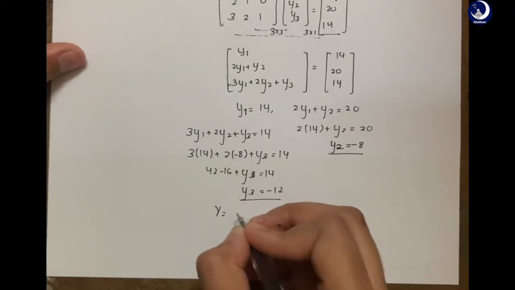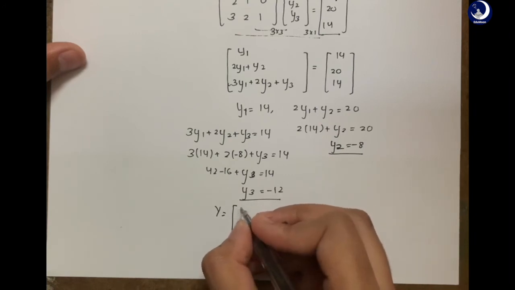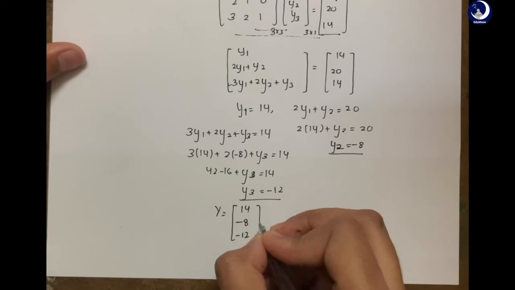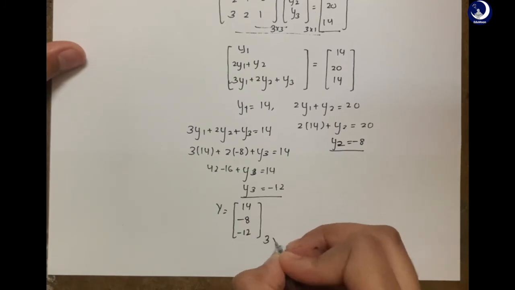We got y matrix as y equal to 14, -8 and -12, a matrix of order 3 by 1.